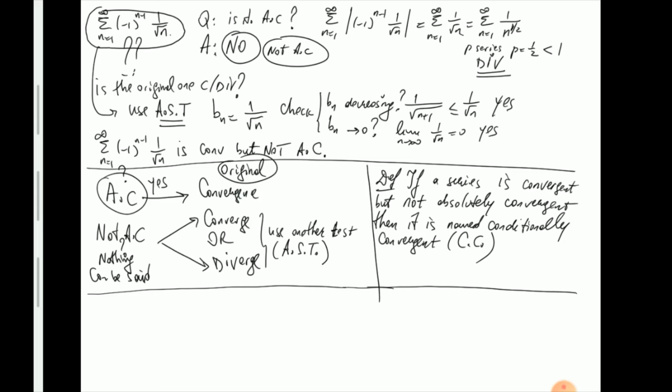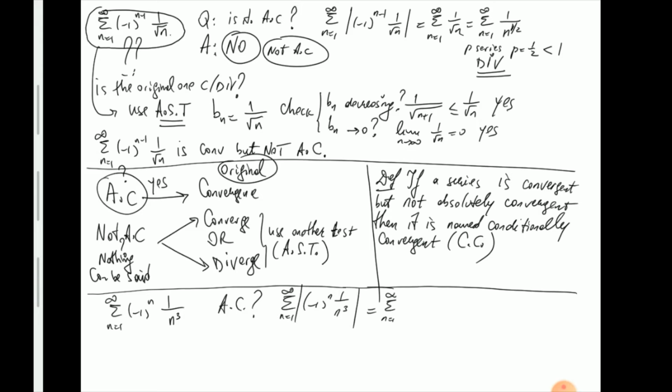So let's finish this page with another quick example. Summation from 1 to infinity of (-1)^n times 1 over n cubed. Is it AC? Well, I'm going to look at the summation from 1 to infinity of 1 over n cubed in absolute values.